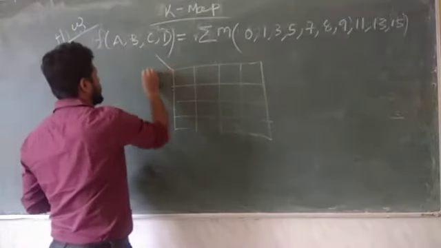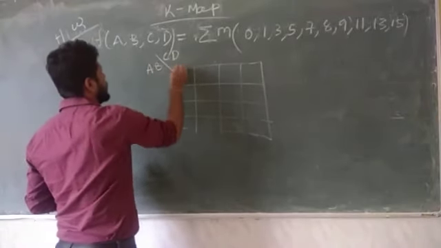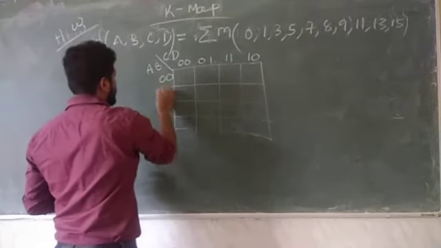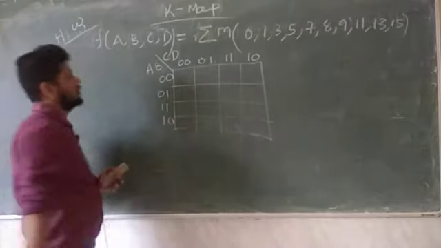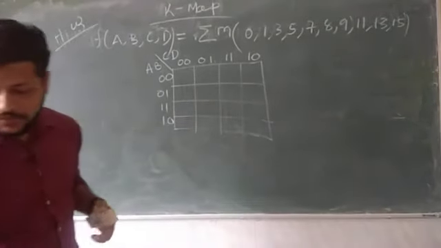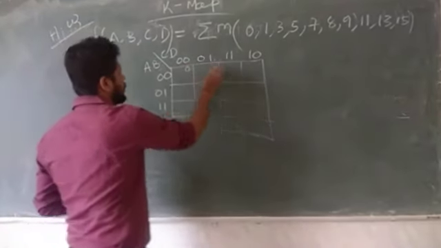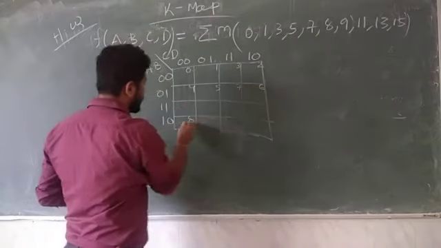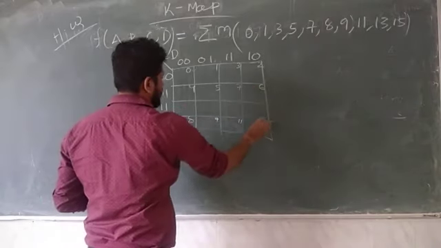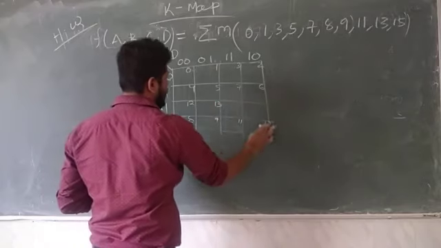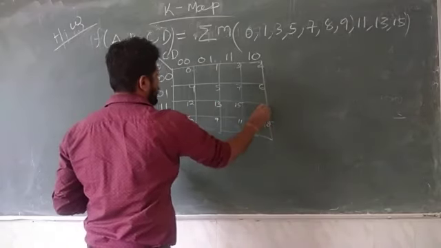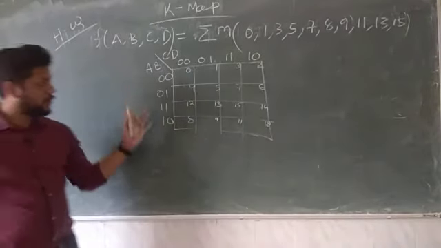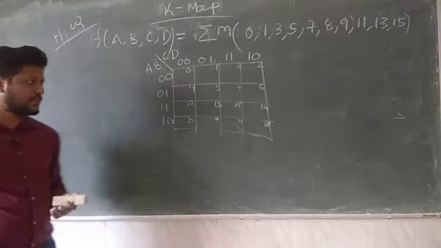So this variable is AB, this is CD, this is 00, 01, 11, 10, and 00, 01, 11, 10. So the cell numbers are 0, 1, 3, 2, then 4, 5, 7, 6, then we have 8, 9, 11, 10, then we have 12, 13, 15 and 14. First draw the K map like this and name all the cell numbers.